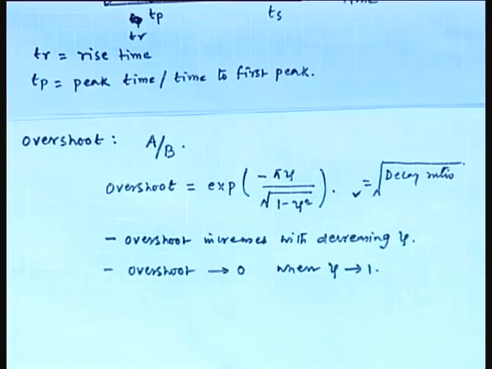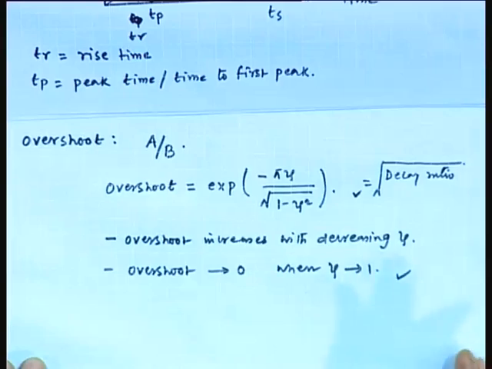We made one plot comparing the responses of different zeta values. In one case we considered zeta equals 0.5, in another case we considered zeta equals 1, and in the third case we considered zeta equals 2. And you can see in that plot where zeta becomes 1, there is no overshoot. Fine, it is very obvious from this mathematical explanation.